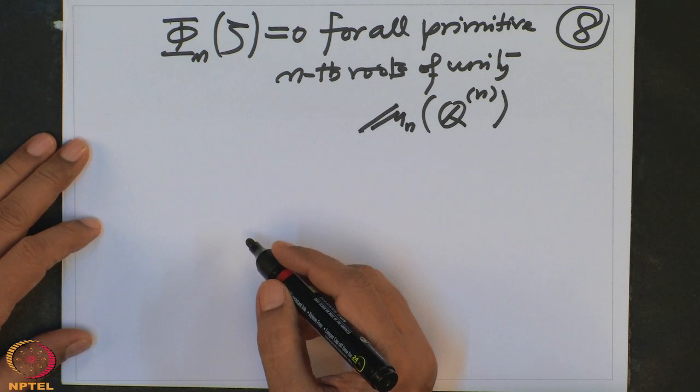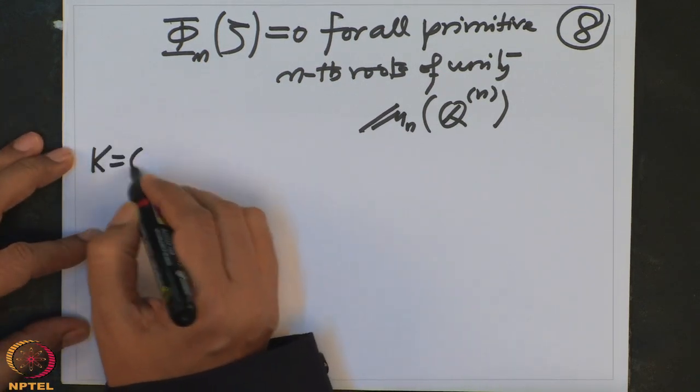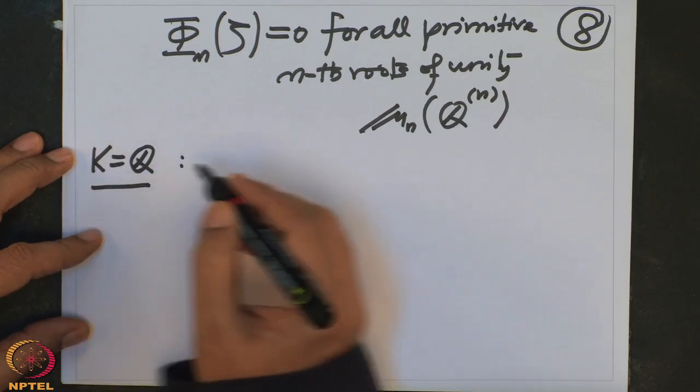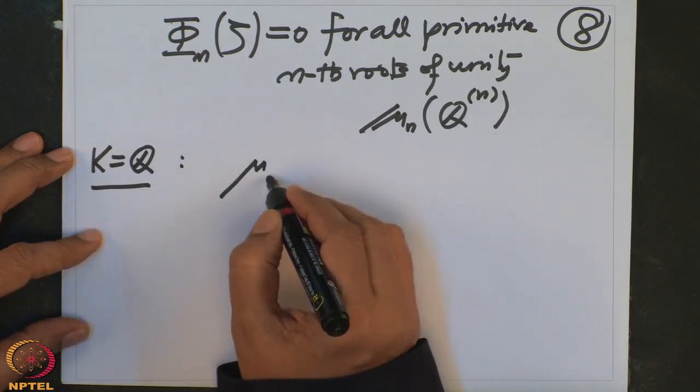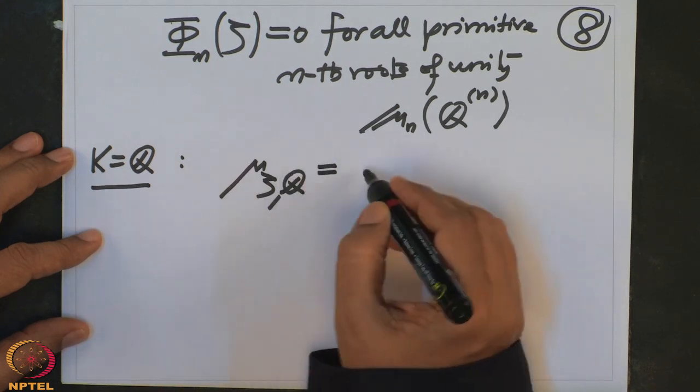So therefore we must prove that, if K is equal to Q, the minimal polynomial of zeta over Q is nothing but phi n.